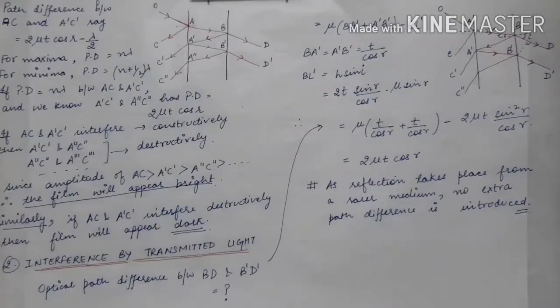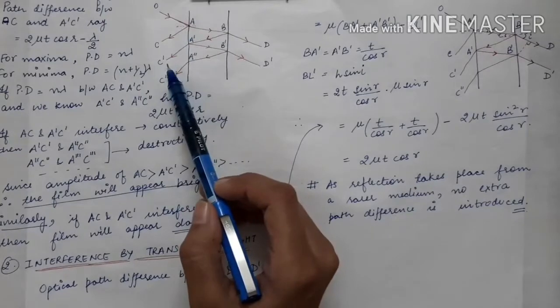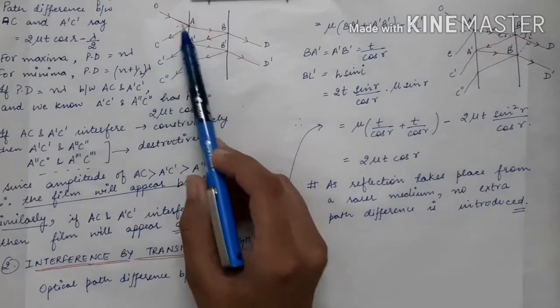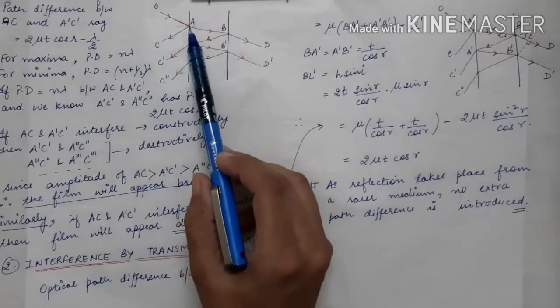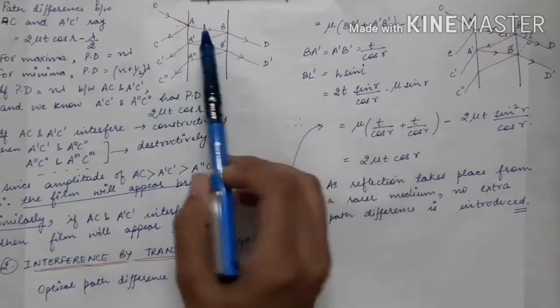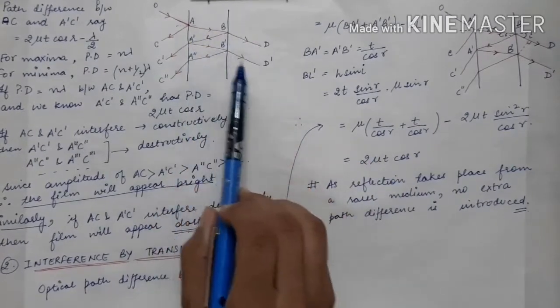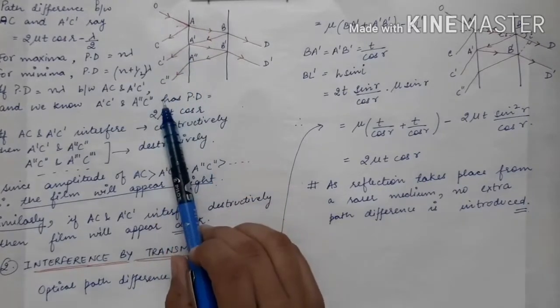In the last lecture, we found out the path difference of the first two reflected rays. The light which was incident on the thin film got reflected as well as refracted, and some portion of the light was transmitted and some portion is reflected from the thin film.